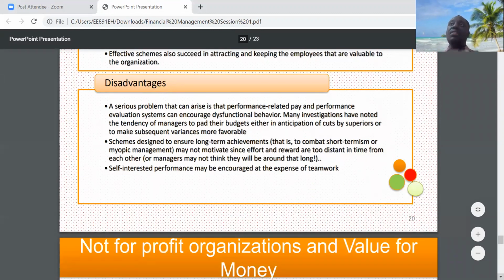They pad their budgets, make their budgets look huge, just to make sure that they make their variances a lot more favorable. And this is dysfunctional behavior as a result of incentivization, because people just want to get the money, get the check. So they would use every means, and one means is padding the budget.